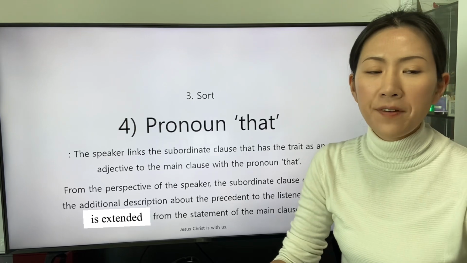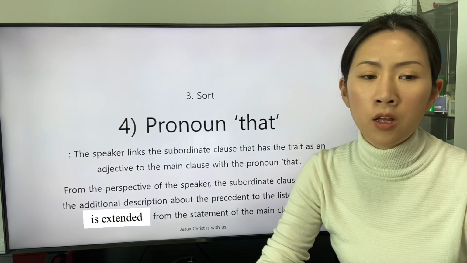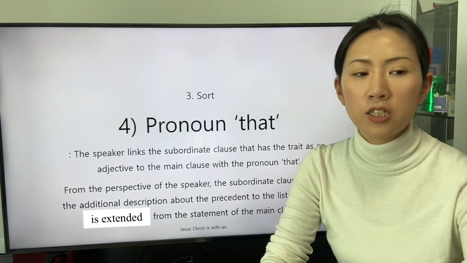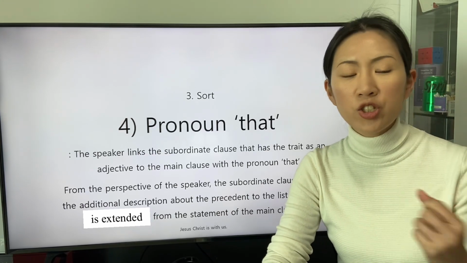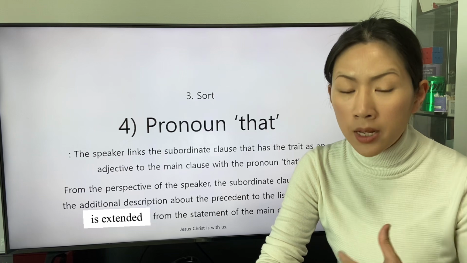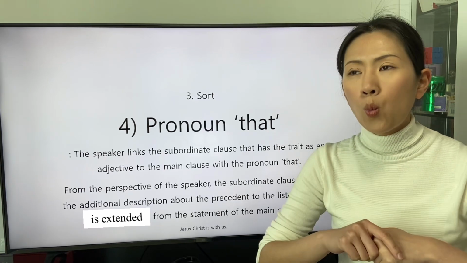From the perspective of the speaker, the subordinate clause conveys the additional description about the precedent to the listeners, which is from the statement of the main clause.